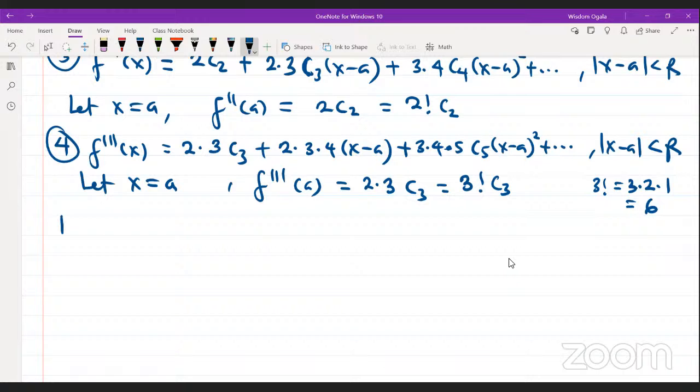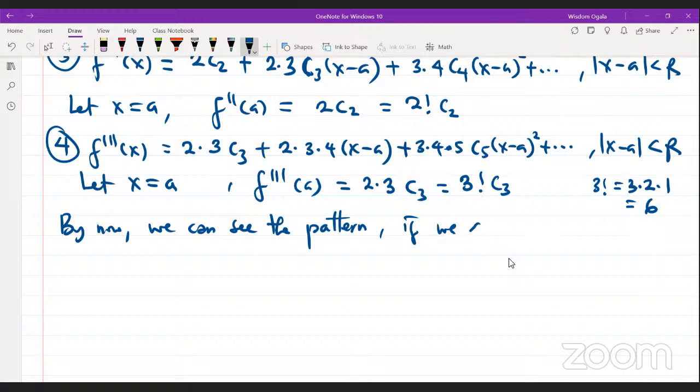Okay, so by now we can see the pattern. I'm just trying to explain very slowly, taking it from the basis, so that when we start applying some of these things, it can be easy to follow. We see the pattern.